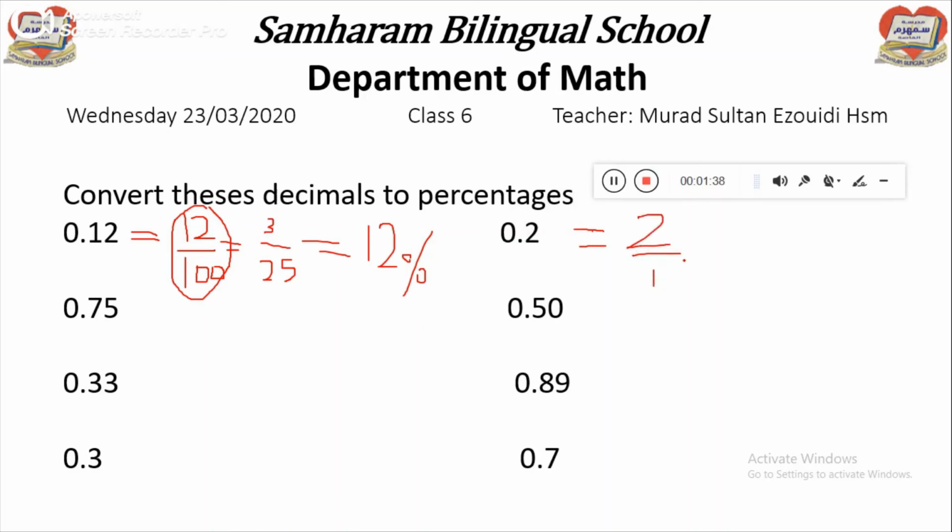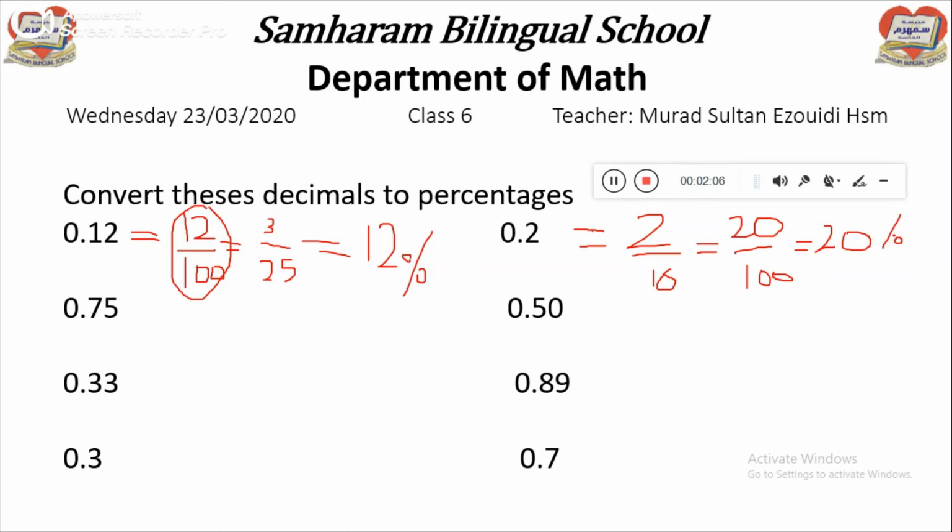Then you can multiply the numerator and the denominator by 10, and you will get 20 divided by 100. These are called equivalent fractions. So 20 divided by 100, my kids, is 20%.